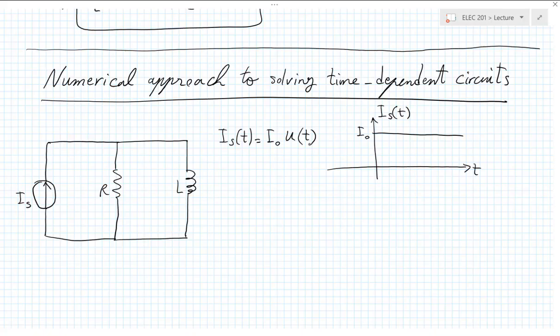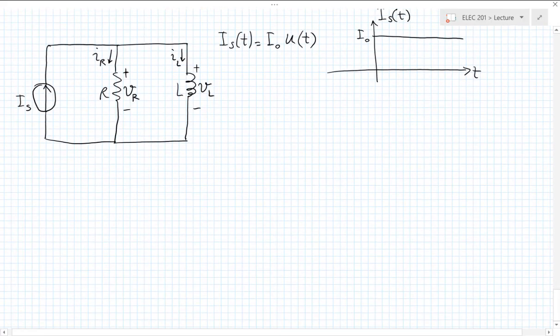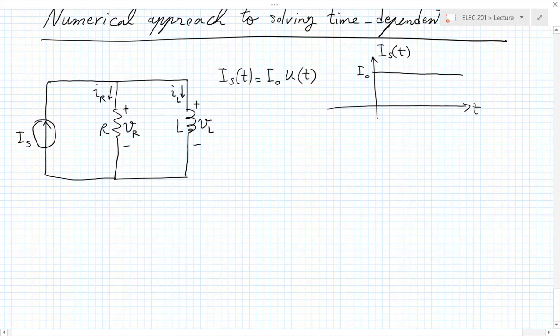What if I wanted to solve this problem numerically to see how things evolve? So let's go back to the same things, VL, IL, IR, VR. We just argued in the previous problem that right after the transition, which was at 1 second, but here is at 0, doesn't matter, the inductor hadn't changed its current, was still 0.